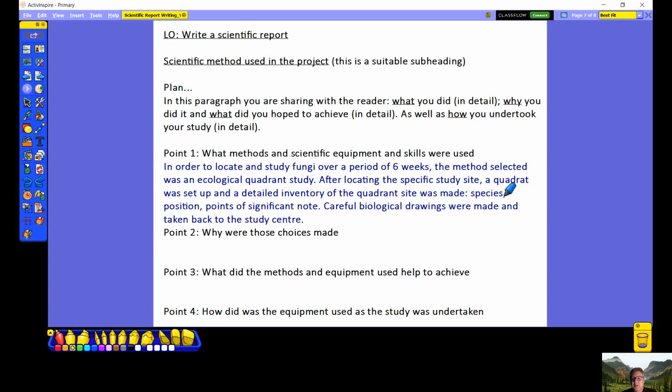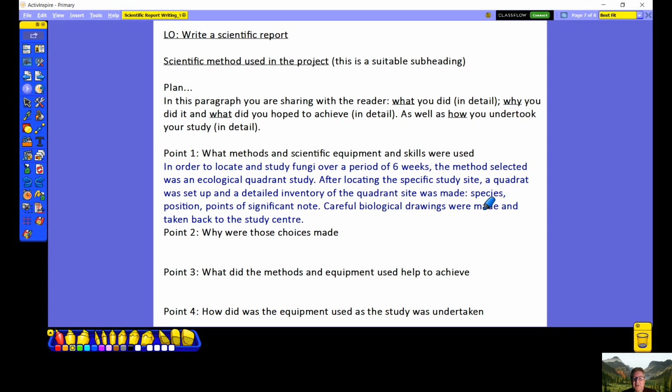And this method is called quadrat. So this idea of an inventory, this is making careful scientific notes, noting what's in that quadrat site. Species, even if you didn't know what the species were at the time, did you go back and have a look?